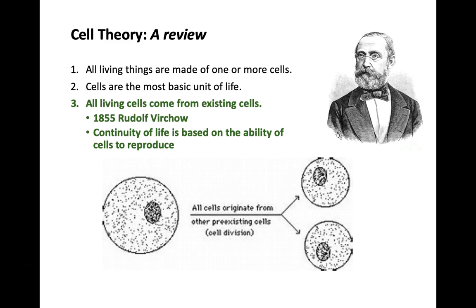So to get started, let's review the cell theory. We talked about the cell theory back in chapter 1 a little bit, chapter 4 a little bit, and the cell theory states that all living things are made up of one or more cells. So that's a fancy way of saying that everything that's alive is made up of at least one cell. So our prokaryotic organisms are made up of one cell.